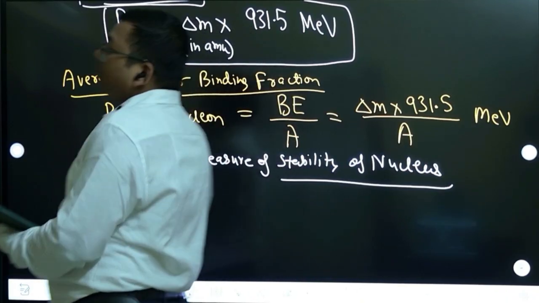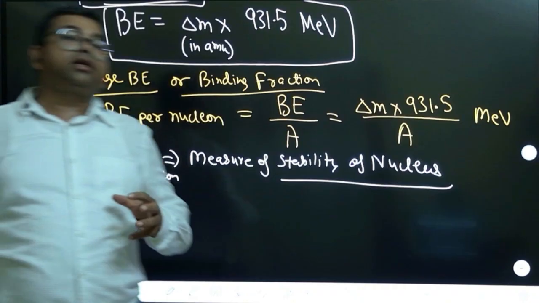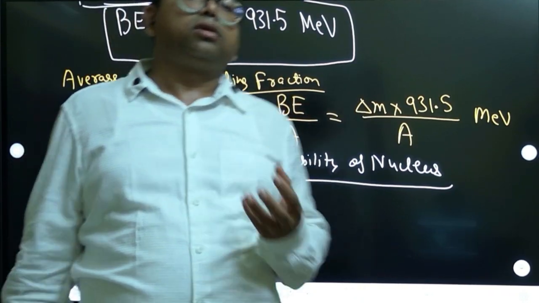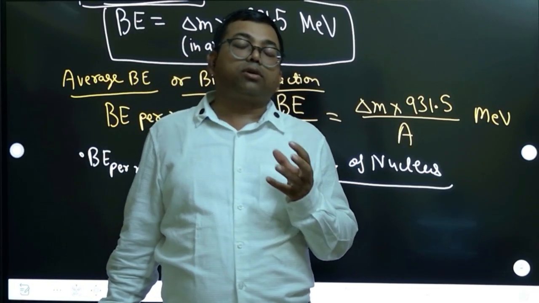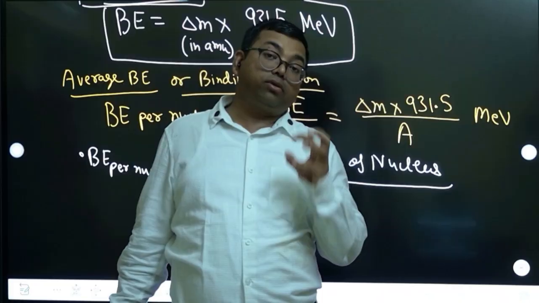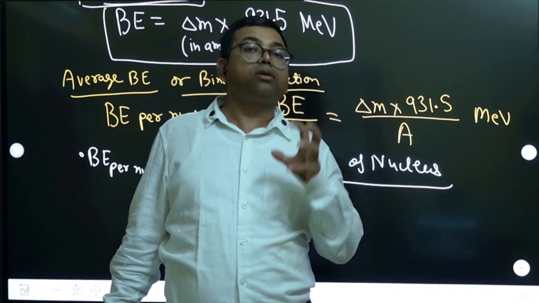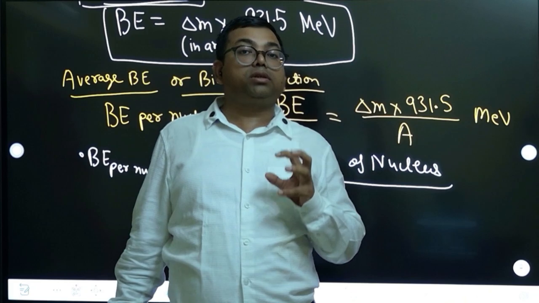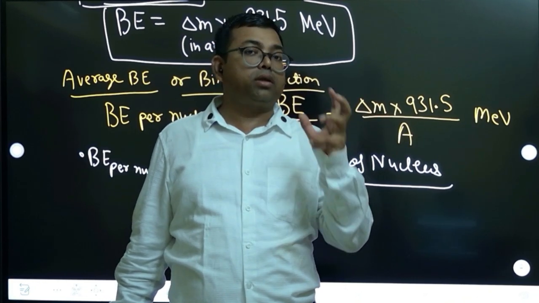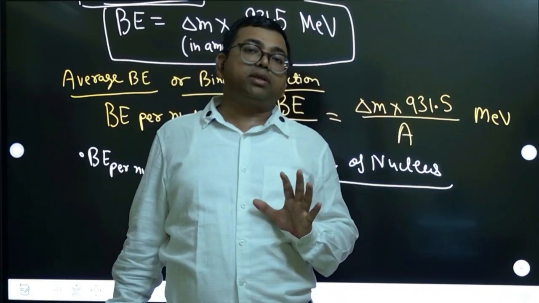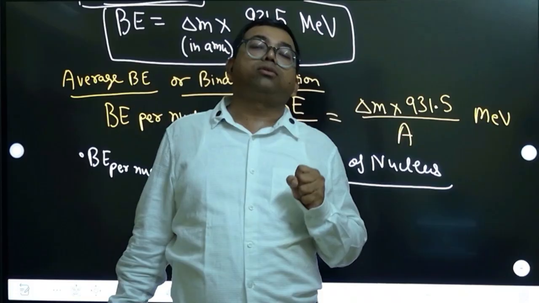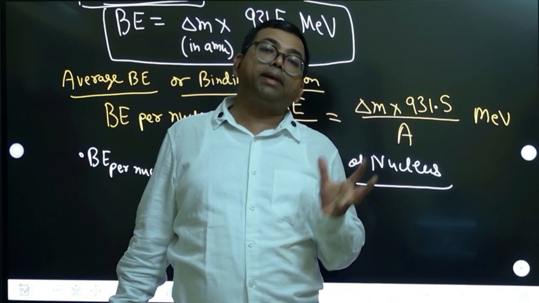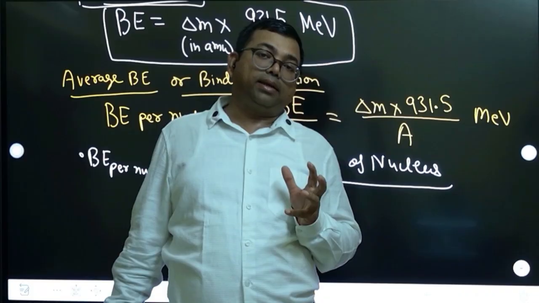Because what does it indicate? It indicates how much energy is released, and how much each nucleon is bound with the other nucleons. That means how much each nucleon is bound inside the nucleus. The total binding energy doesn't give that idea.